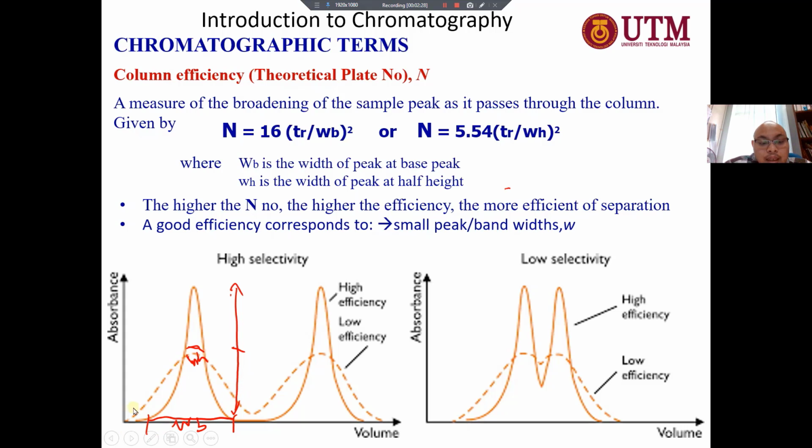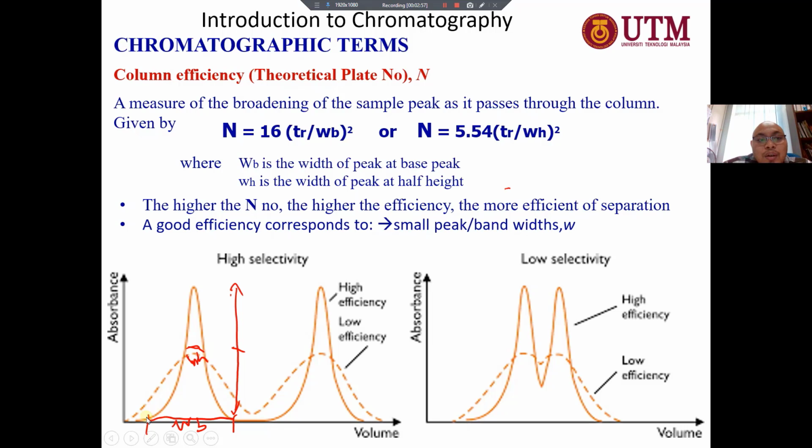In the chromatogram with the dotted line, the peak is broadened. When the peak is broadening, it tends to become broader, and the height of the peak is also lower, so it will decrease the sensitivity of the analysis.